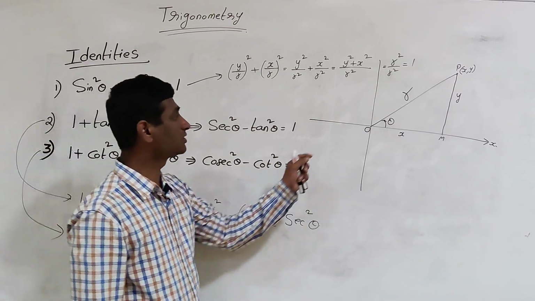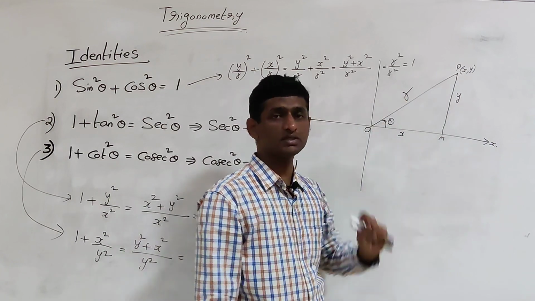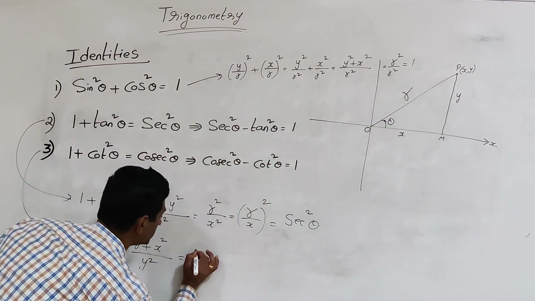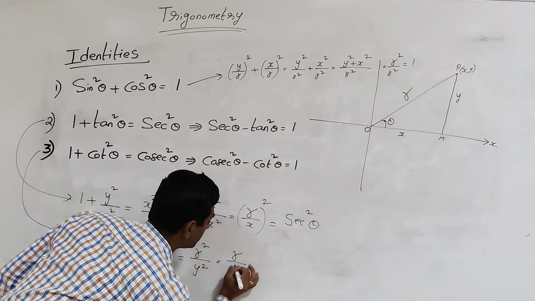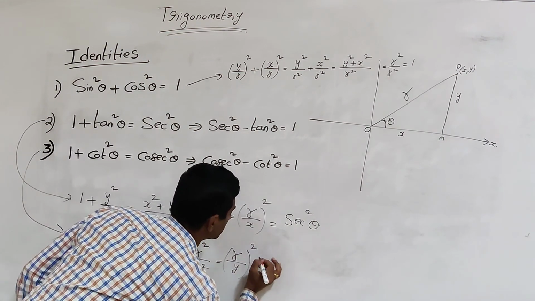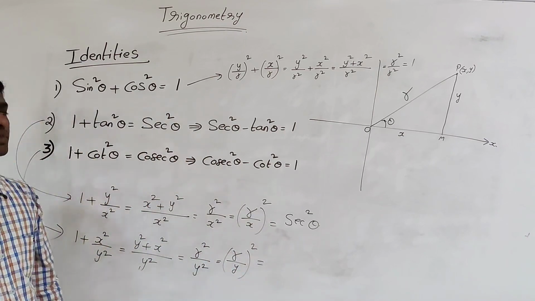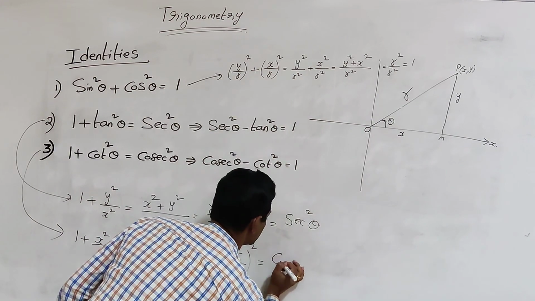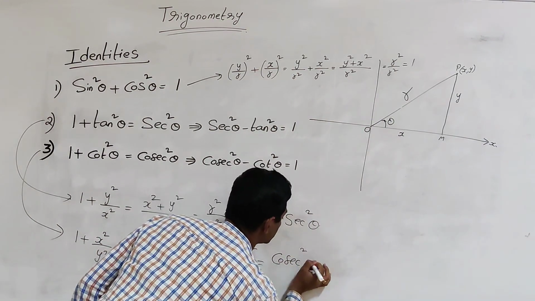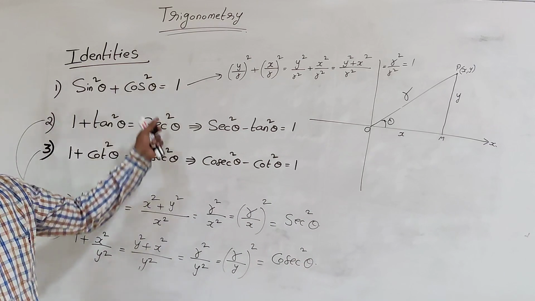By Pythagoras theorem, x square plus y square is always r square. So it will be r by y whole square. But what is r by y? Hypotenuse by opposite side will be cosecant, so cosecant square theta. So these are the three identities.